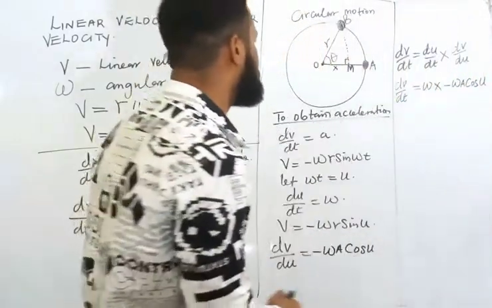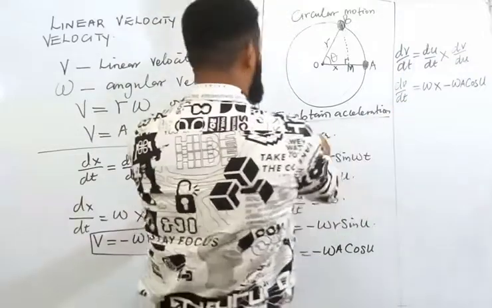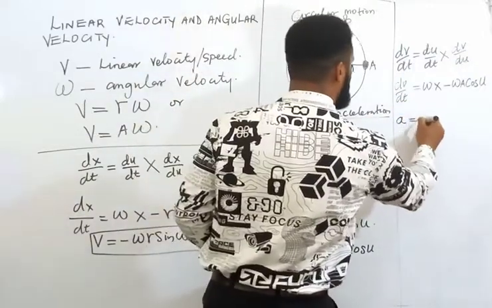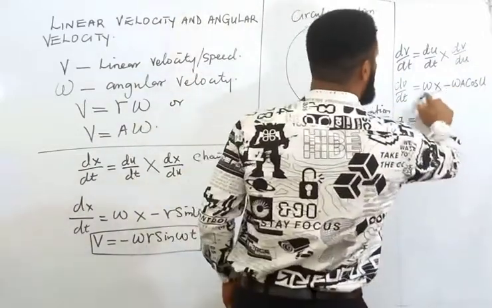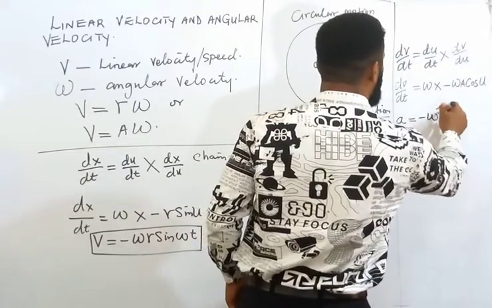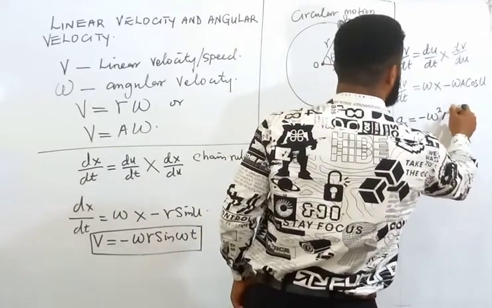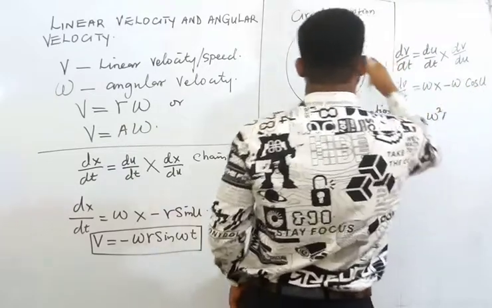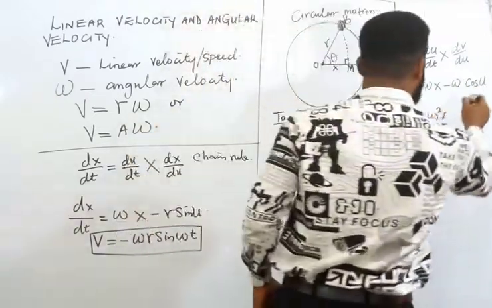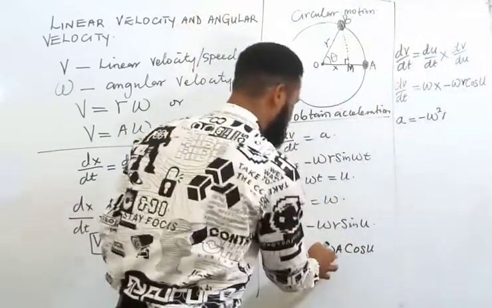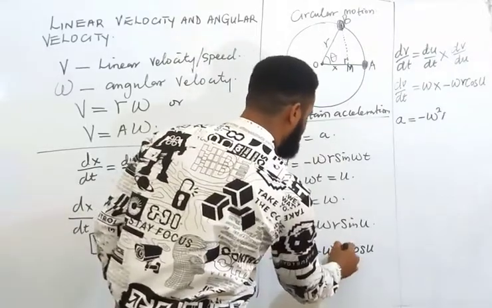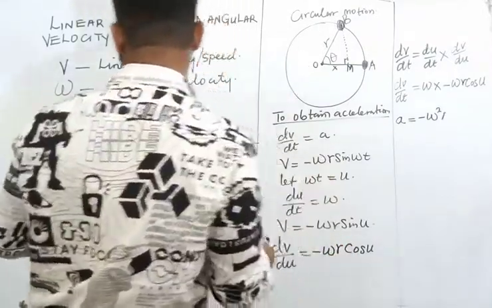So now remember dv dt is the same thing as acceleration. So acceleration is equal to omega multiplied by minus omega, which is minus omega square, and then r cos u. Why am I using a? I'm supposed to be using r. R is what I'm using here, please. I'm not using a, it's r that I'm using. They are interchangeable.